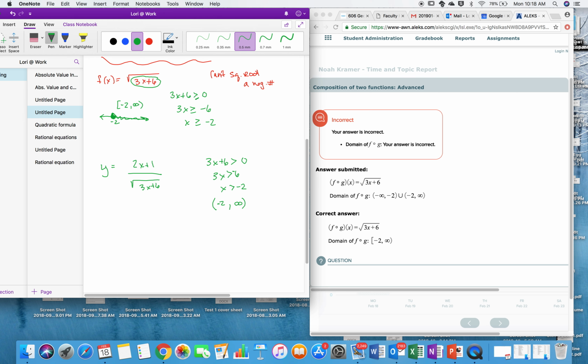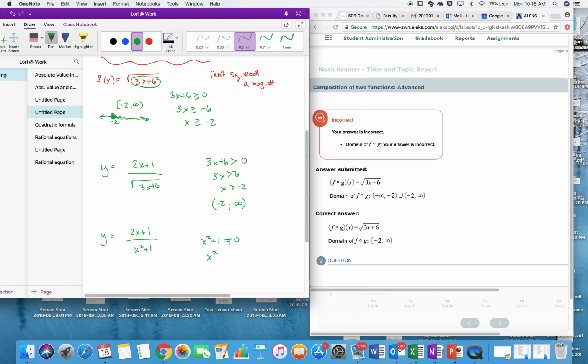So now the situations where you might get all real numbers. Occasionally, you'll get a rational function where the denominator will never be 0. For example, when I look at this, I just think, okay, it's a fraction, so the denominator can't be 0. So x squared plus 1 can't be 0.